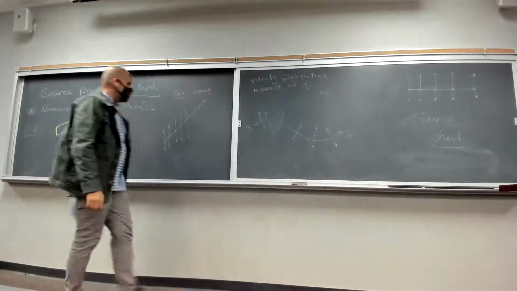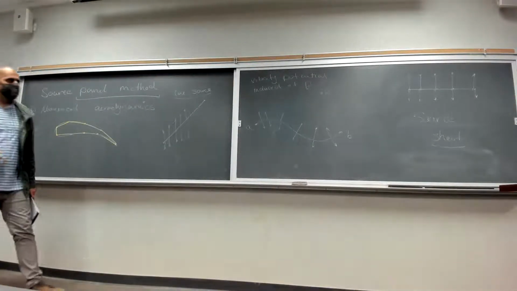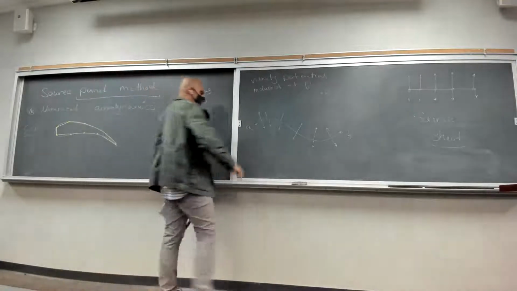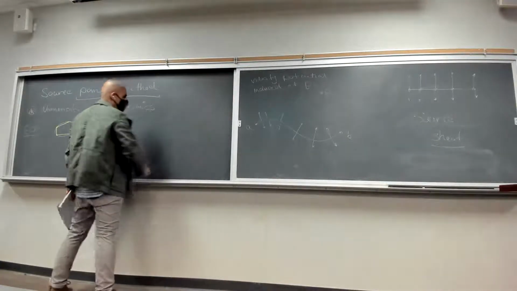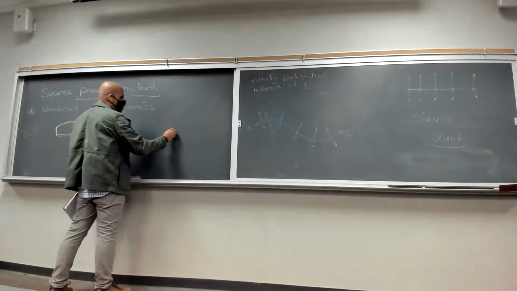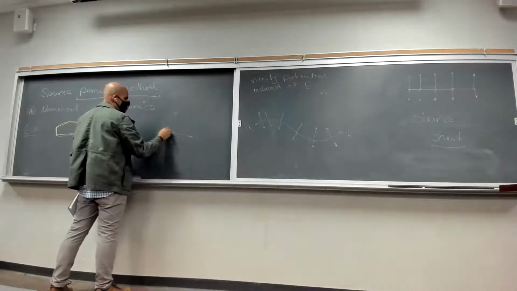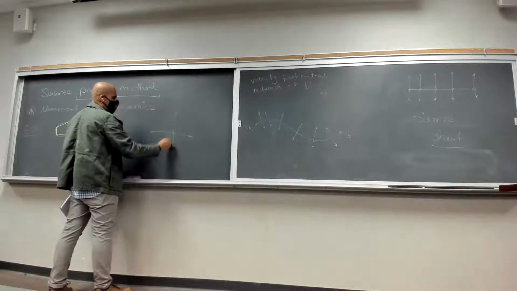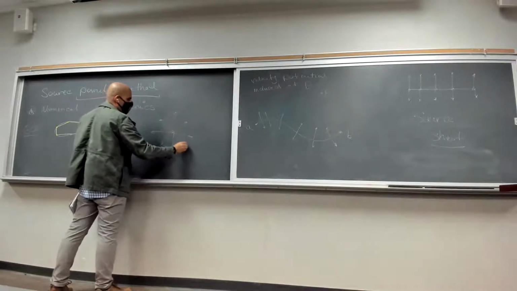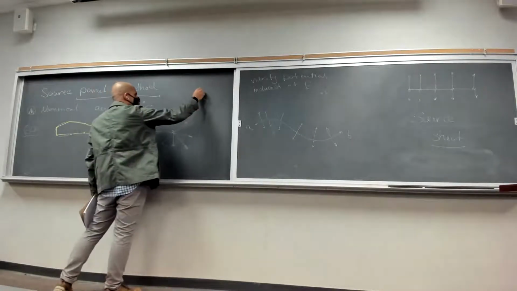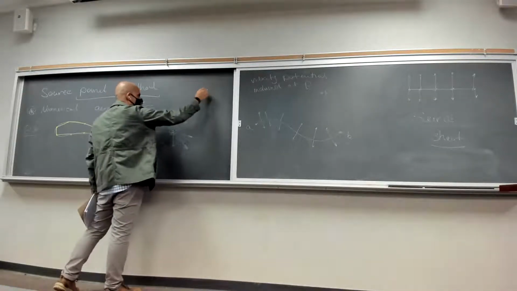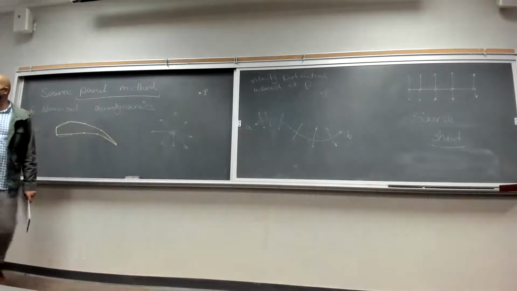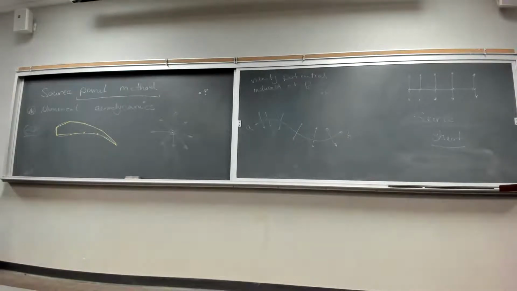To understand what this means better, let's go back to a regular point source with a strength lambda. What is the velocity induced by this source at this point P? What is the velocity potential? Who can tell me that?